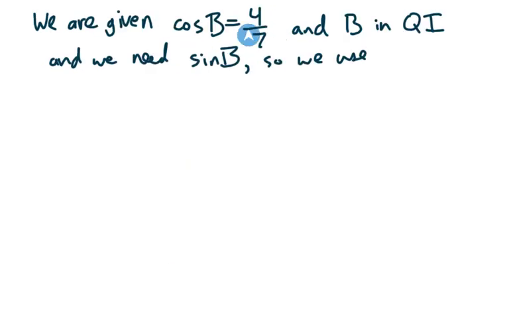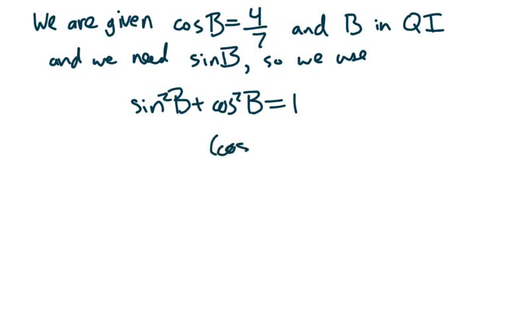We're given that cosine of B is 4/7 and that B is in quadrant 1. We need sine B, so we're going to use the Pythagorean identity, sine squared of B plus cosine squared of B equals 1. Cosine squared B means cosine B in parentheses, squared.